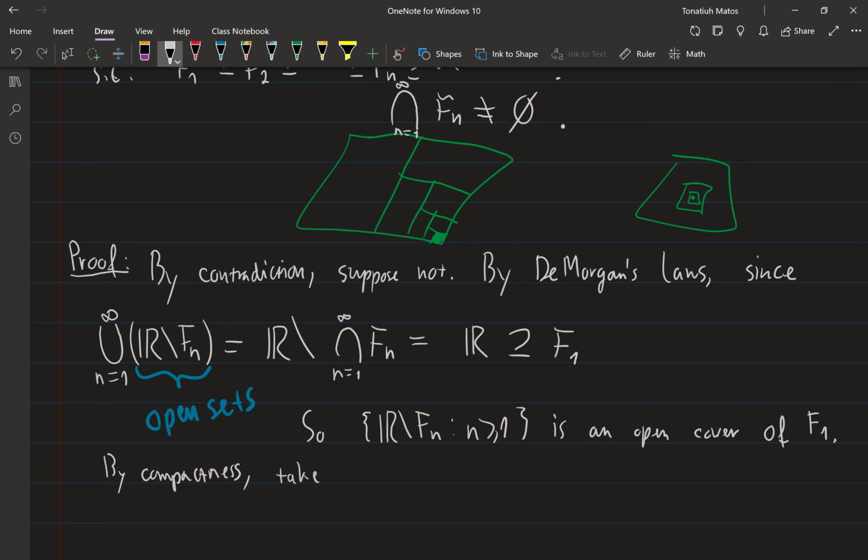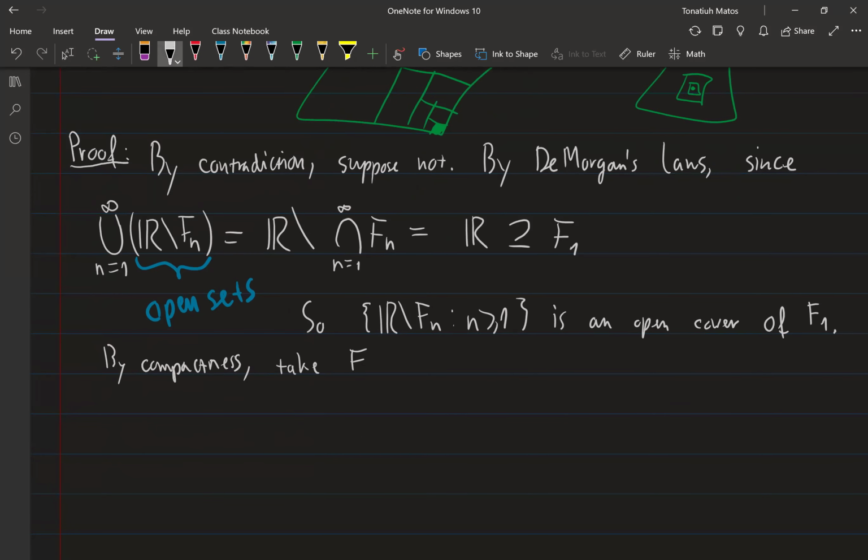Take, how should I write this? Let's just use the notation of a subsequence, right? So this is Fn1, Fn2, all the way to Fnk, right?